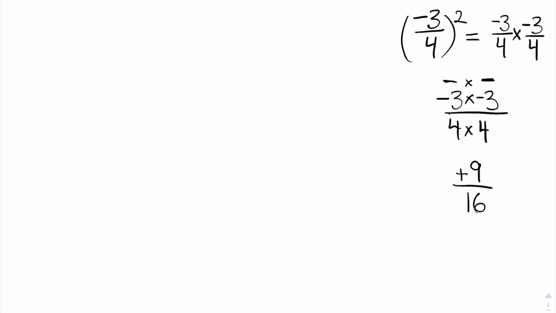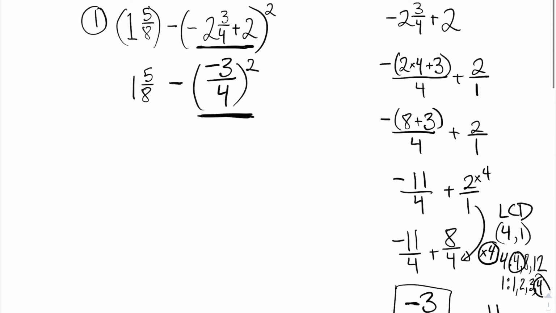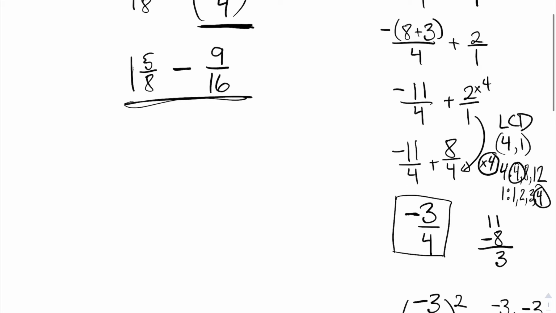So let's take that whole fraction and put it right back up into our original equation. So we've got 9/16 now, replacing negative 3 over 4 squared. I'll still have 1 5/8, subtract that 9 over 16. Now I only have one operation left, so BEDMAS doesn't really matter anymore because I've only got one operation to do.